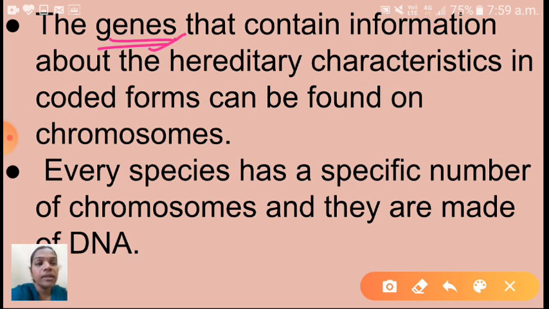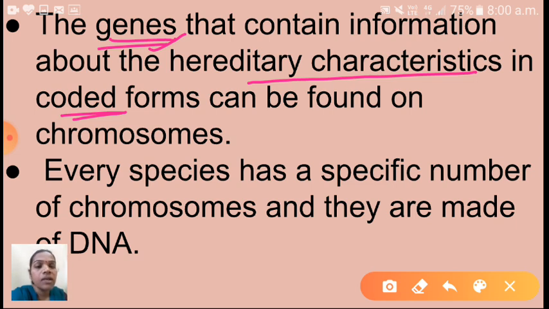The genes contain information about the hereditary characteristics in coded form and can be found on chromosomes. Once again I will repeat: a gene is a segment of DNA. The gene contains information about the hereditary characteristics, in coded form, and can be found on chromosomes.